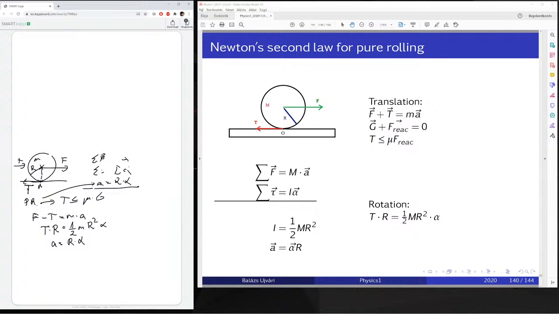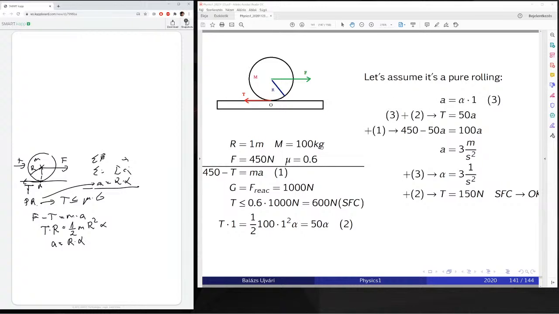Let's use numbers like this one. That means 450 minus T equal 100 times A. T is still unknown. We only know that the pure rolling is true if the T is smaller or equal than mu times g. So this is very similar to the incline and mass. At the beginning, we have to suppose something, that it's fixed, and if it's not true, we have to come back.